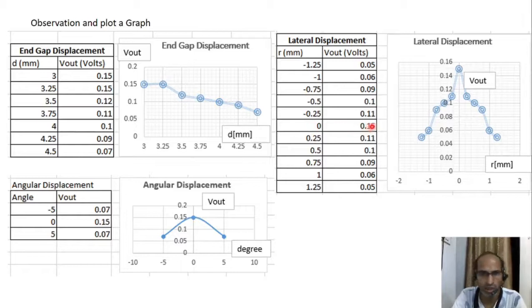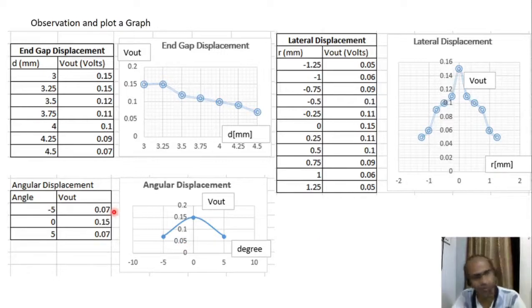At the middle, when both the axes of the fibers are coinciding, or aligned, the maximum output we receive is about 1.5 volts, and as we go away from the axis, the output starts decreasing, which is clearly shown in the graph. As we move laterally either left or right, our output decreases.